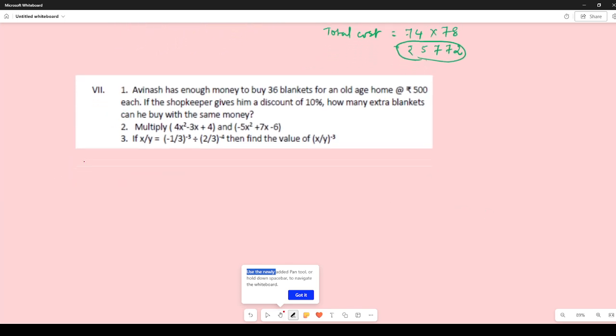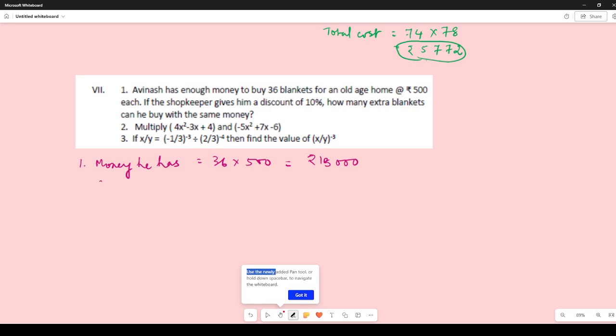So money he has is equal to 36 into 500. Remember, he has enough money to buy 36 blankets, so that is equal to 18,000 rupees. Now the shopkeeper is giving him a discount of 10%.